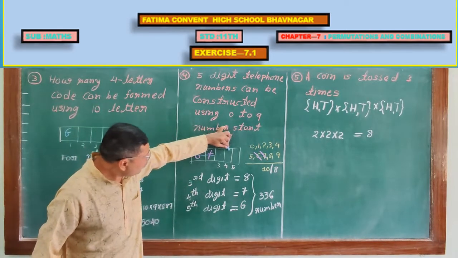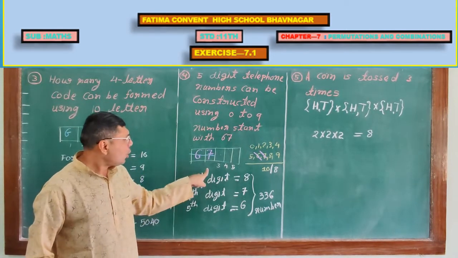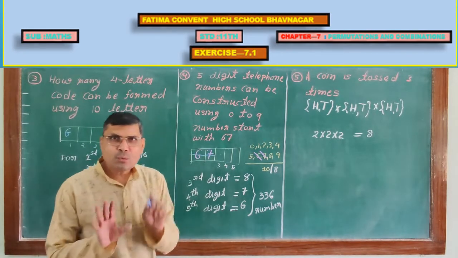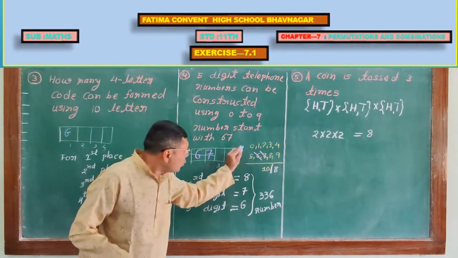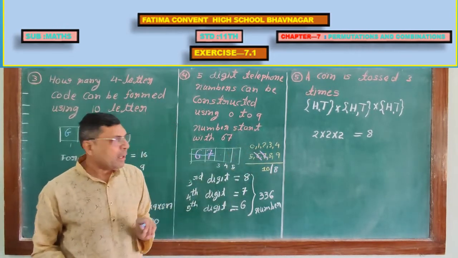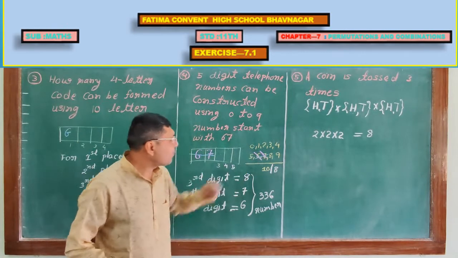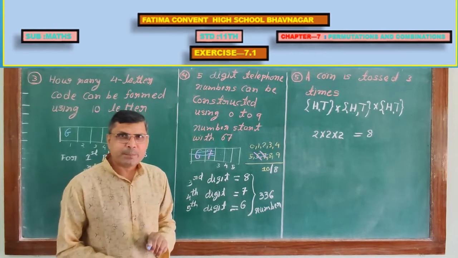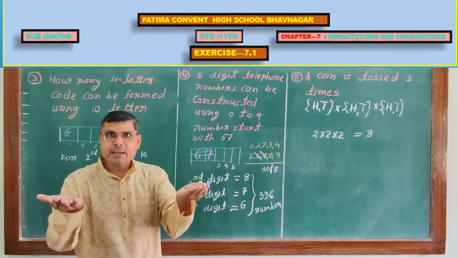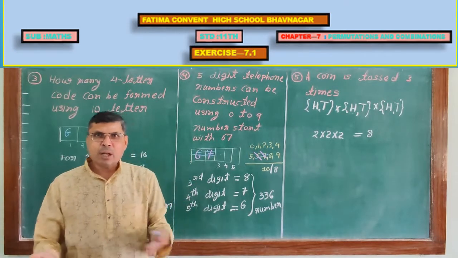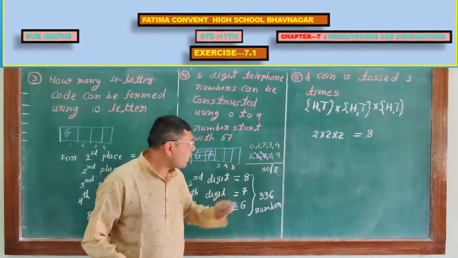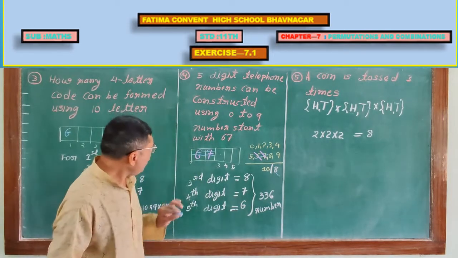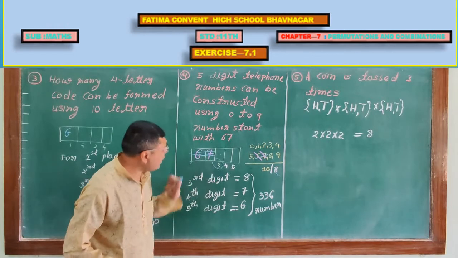Now the third place, fourth place and fifth place you have to fill up. Remember, I have the digits 0 to 9, but now I cannot use 6 and 7 because I already used them over here. Out of 10, the remaining is only 8. So for the third place, how many choices do you have?